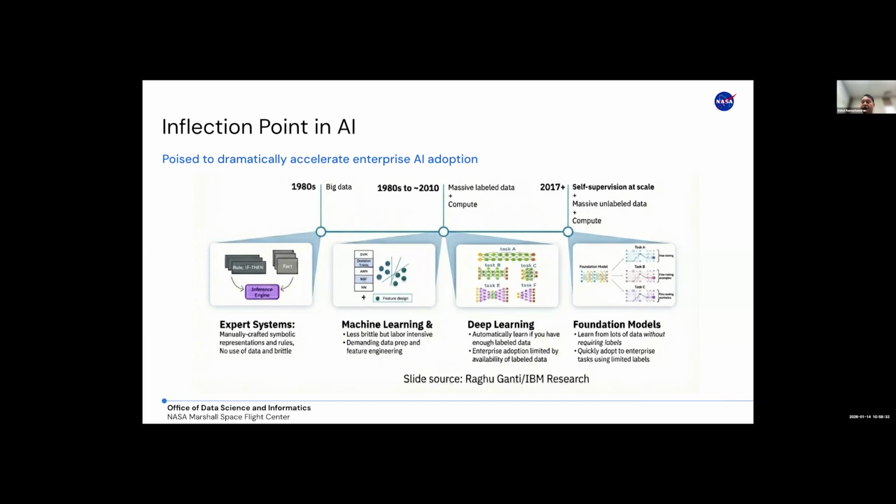But I think the fundamental shift was the notion of utilizing self-supervision at scale, where you could use unlabeled data and learn patterns from the data if you had large amounts of compute, and build general purpose foundation models that could be used for many different applications.